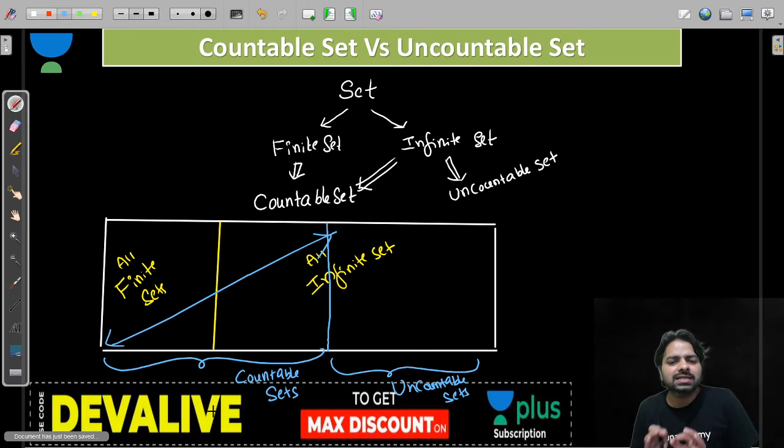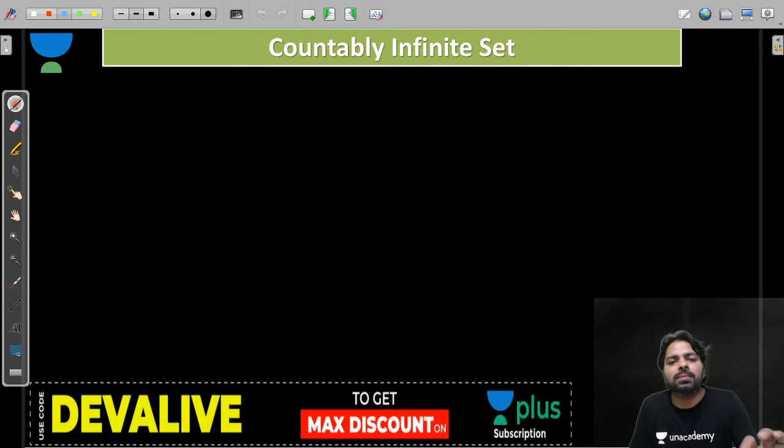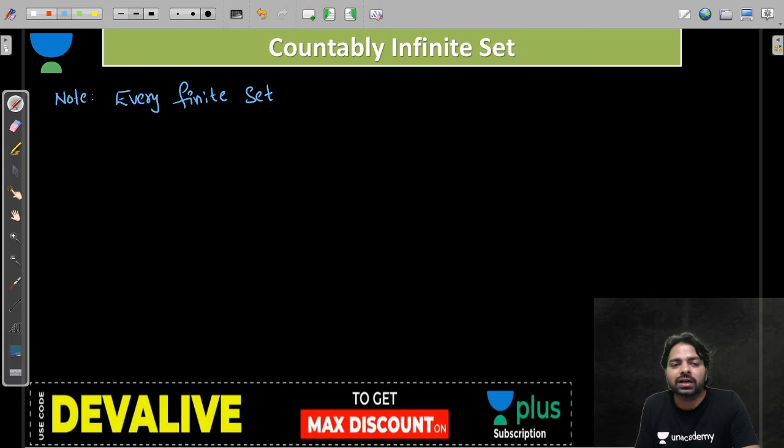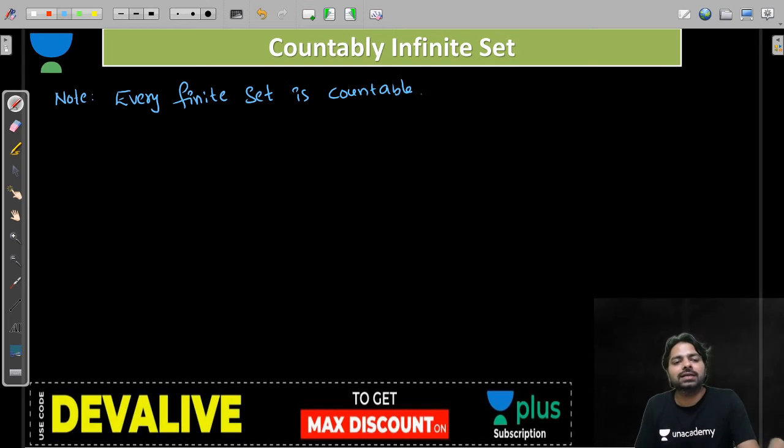Every finite set is countable, so we have no problem understanding that. It is a trivial property. You can list out all the elements, you can count them, you can enumerate it. But the problem is the infinite sets.